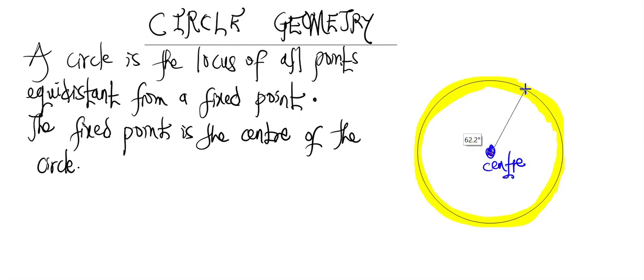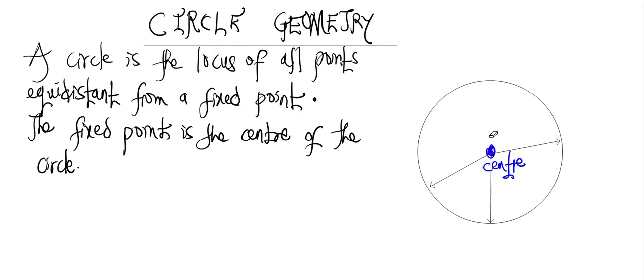Equidistant, they all have equal distance. So the locus of all points equidistant from a fixed point is called a circle, and that fixed point is the center of the circle. Sometimes the center of the circle can be denoted by C. Sometimes we can denote it using O.